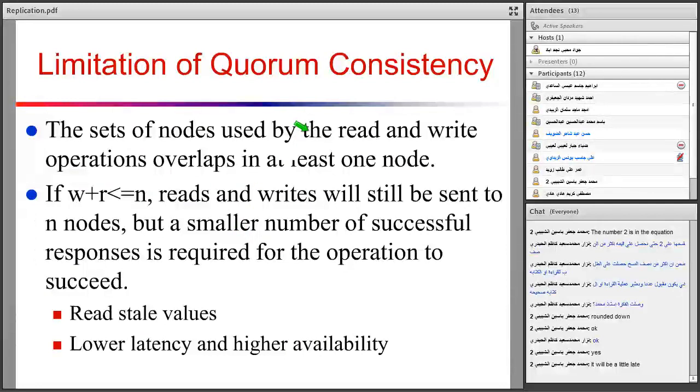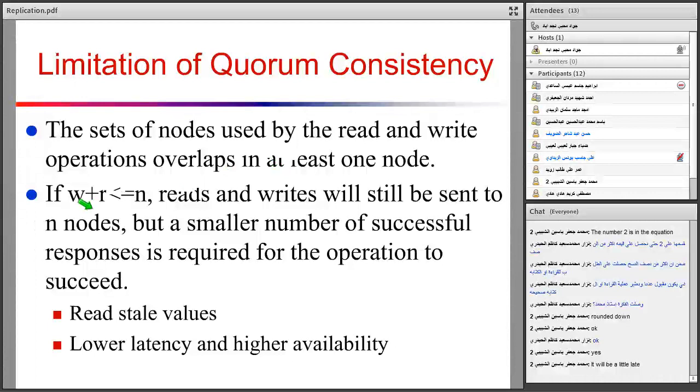Because of this limitation, we need to use W plus R greater than N, because we need to have an overlap in at least one node between the writer and reader.